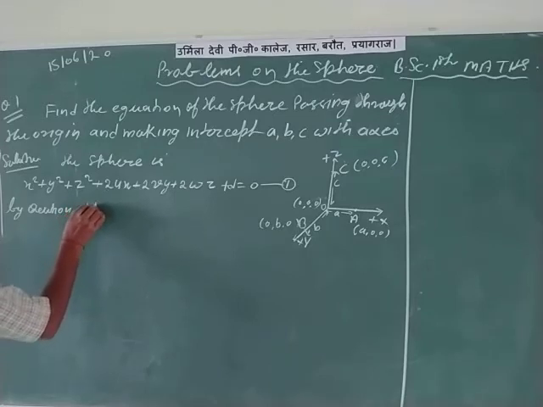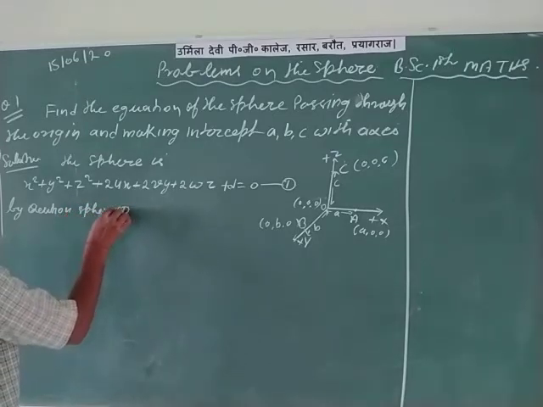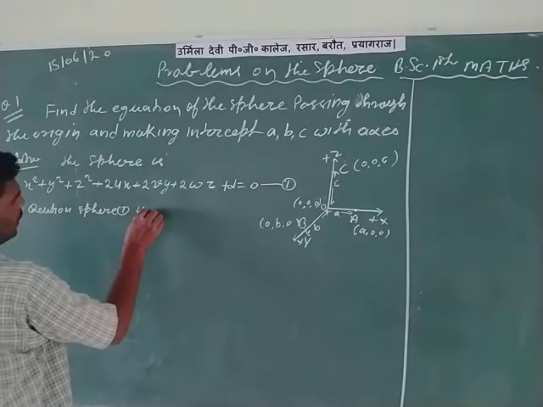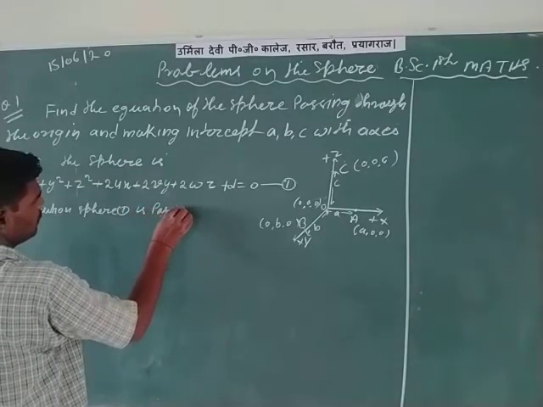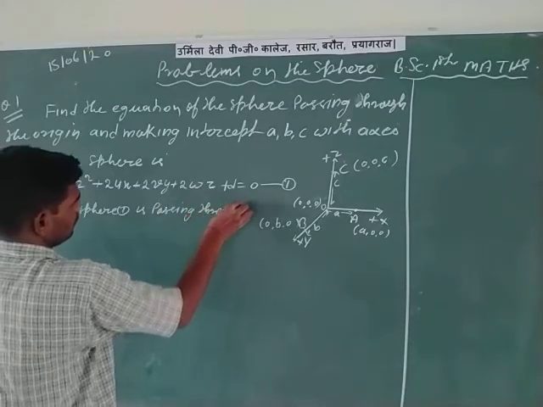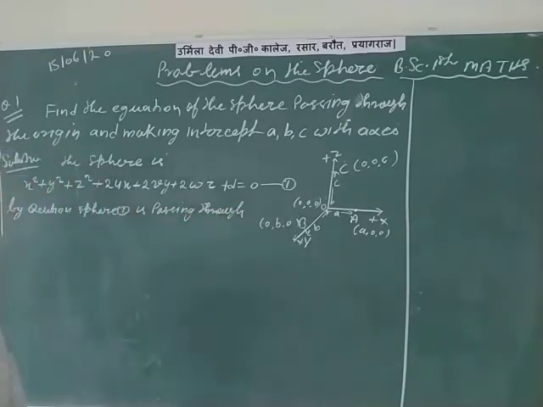So equation first passes through the origin by the question, which means the required sphere is passing through point O, the origin, whose coordinates are (0, 0, 0).